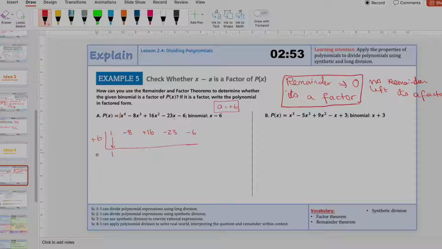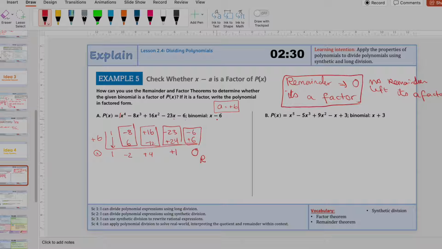Bring down 1, multiply: 1 times 6 is 6. Combine, negative 2. Multiply, negative 12. Combine, positive 4. Multiply, positive 24. Combine, positive 1. Multiply, positive 6. Combine, it's a 0 remainder.